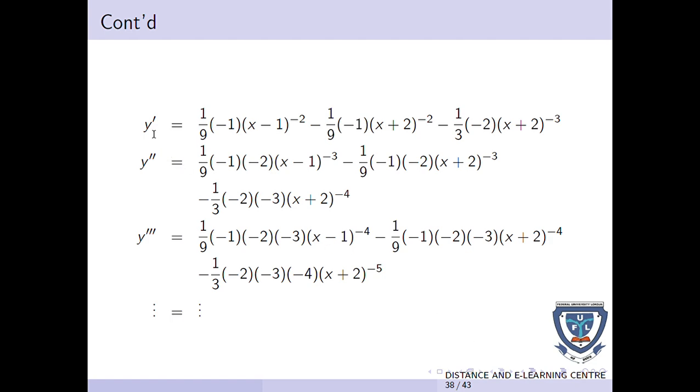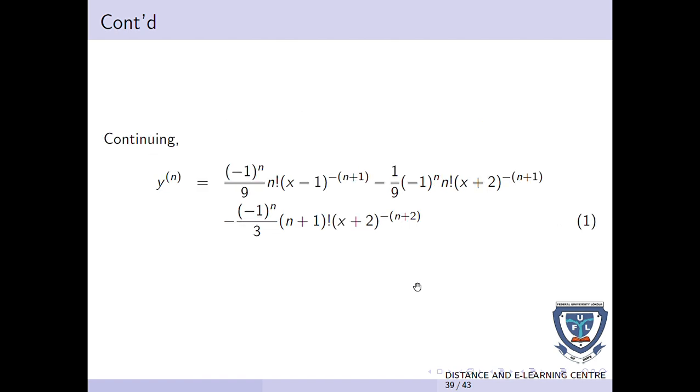So you take the first derivative, second derivative, third derivative, then you look out for a pattern that you can follow, and then the pattern will now be that y raised to power n will be equal to minus 1 raised to power n over n factorial (x minus 1) raised to power of minus n plus 1, minus 1 over n times minus 1 raised to power n factorial (x plus 2) raised to the power minus n plus 1, minus minus 1 raised to the power n over 3 times n plus 1 factorial (x plus 2) raised to the power minus n plus 2.